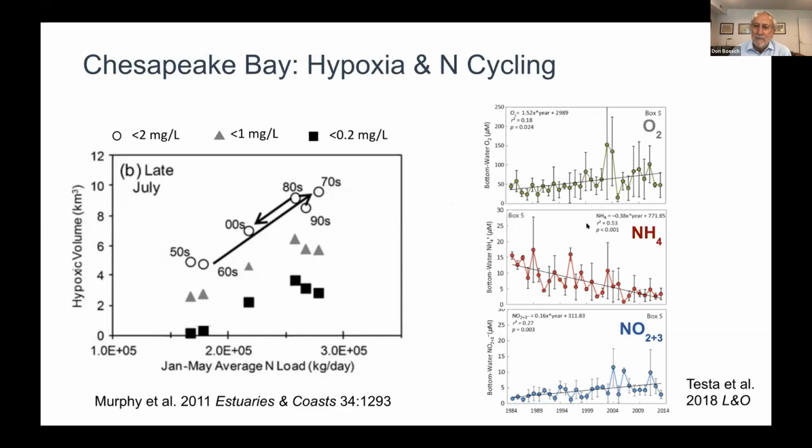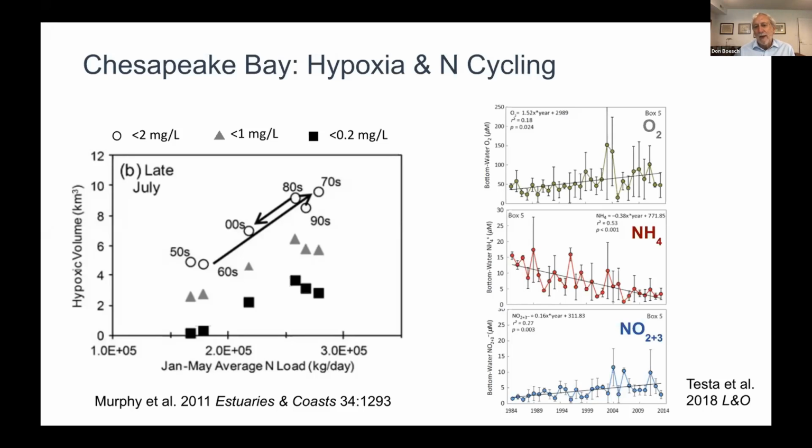And here it indicates a little bit why, in terms of the feedbacks that are working. In this case, you see the measurements over the long term of bottom water in the Chesapeake Bay. What happens in these low oxygen waters, of course, is that now we're seeing oxygen levels slowly improving. We also see ammonium levels. Ammonium is reduced nitrogen, produced from decomposition of organic matter down in the sediments and bottom waters.